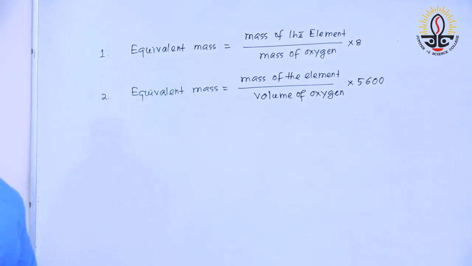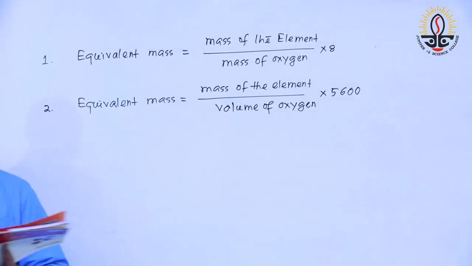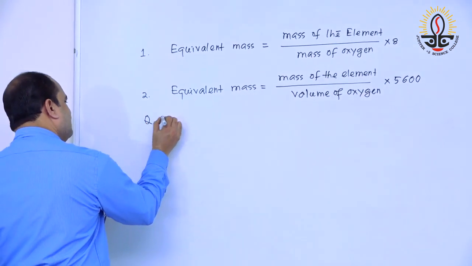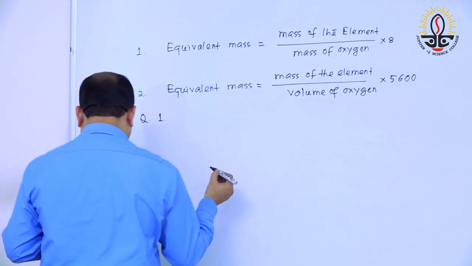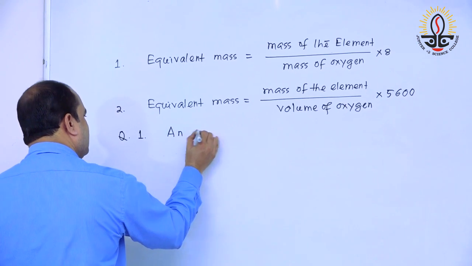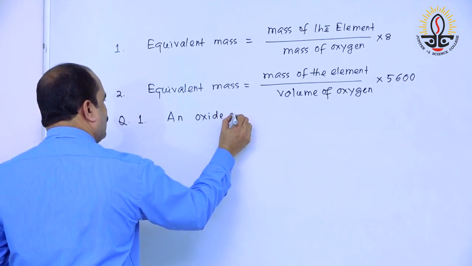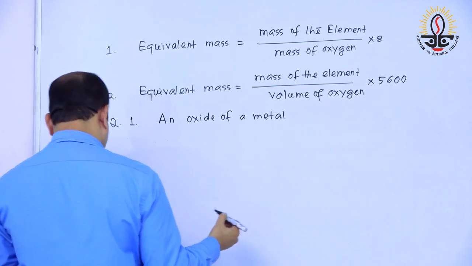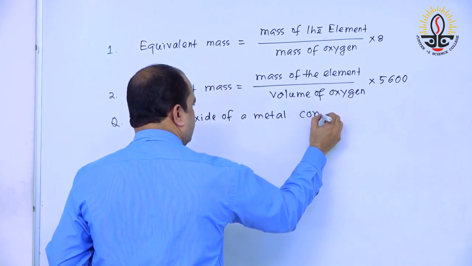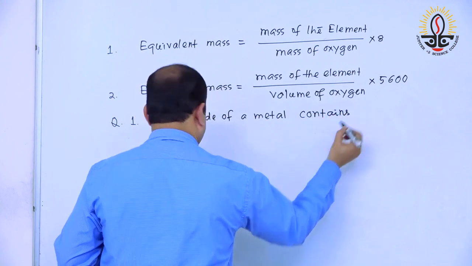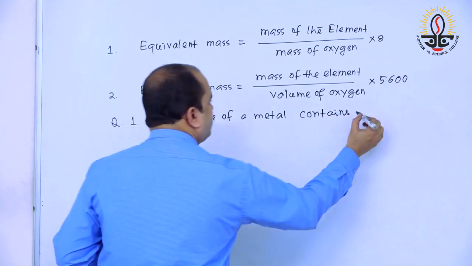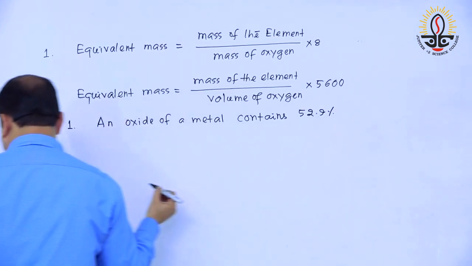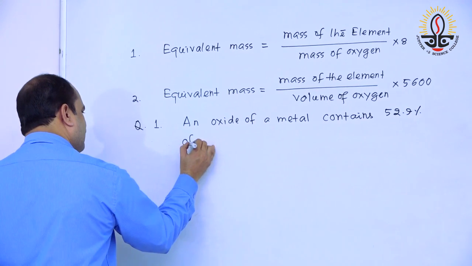Question number 1. An oxide of a metal contains 52.9% of the metal.